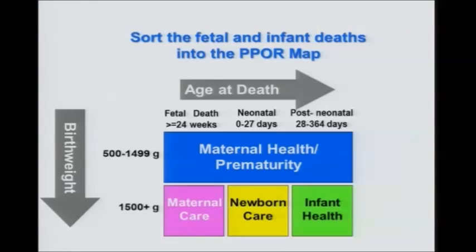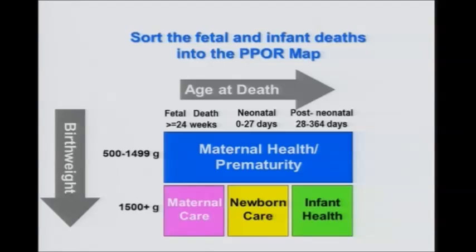And so this is part of the first phase of perinatal periods of risk, for those of you who are familiar with that, where the deaths are categorized into these components to look further into risk factors for these components. So very low birth weight births, regardless of when they die, are attributed to maternal health and prematurity.